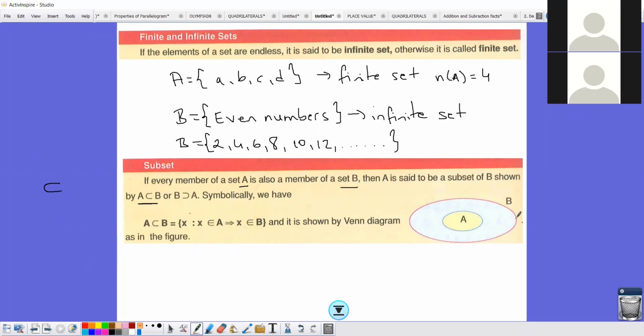As you see in the Venn diagram, every element of A is inside B. So A is a set inside B, and because of that, we call it a subset. We show it with the Venn diagram in this way, and in set builder form: x is an element of A, and at the same time, x is an element of B.